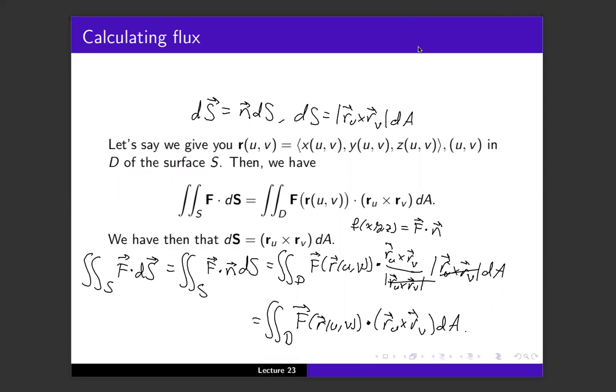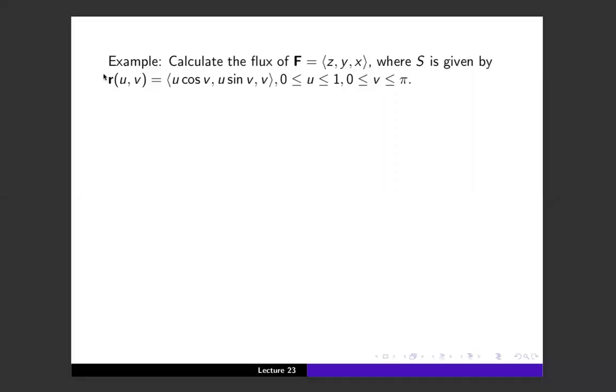All right, questions about where this formula came from? So how do you calculate the flux across this object? Again, it's always a good idea to write out what your formulas are. In this case, the formula that we want is the double integral over your surface of f dot dS.